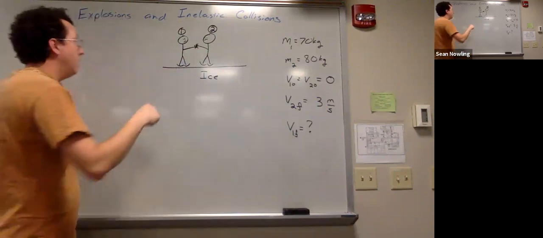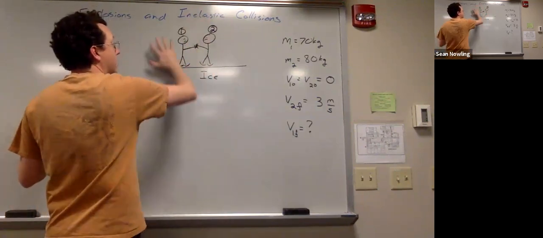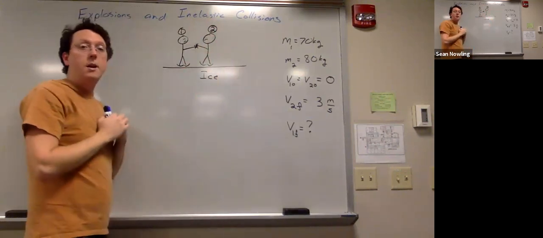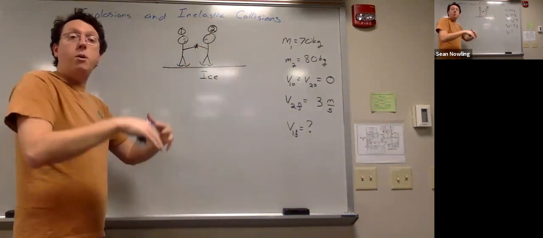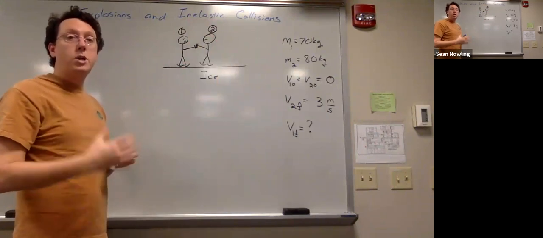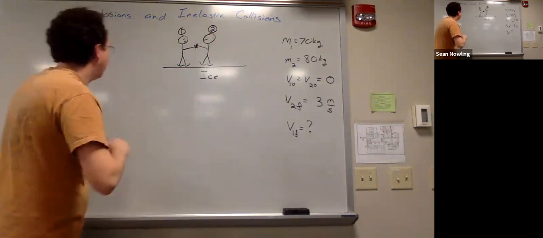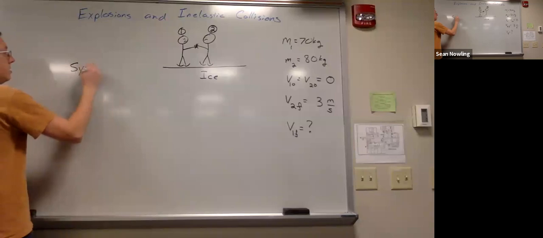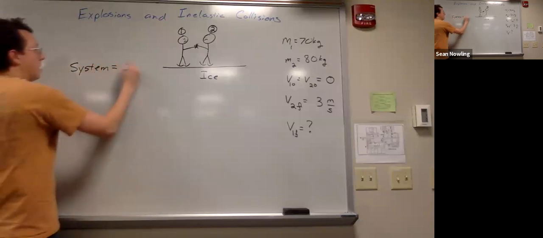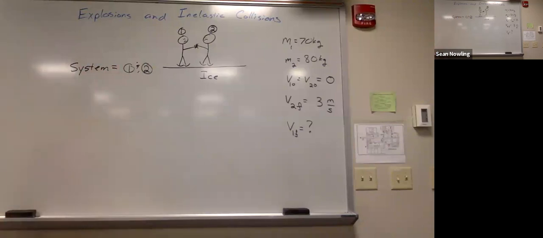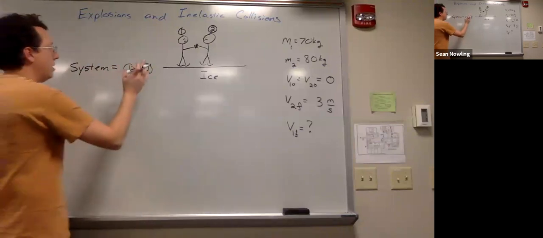So if I make 1 and 2 my system, I see that there are no outside forces. That means there is no impulse coming from the outside world. That means J equals 0. So I'm going to make my system be 1 and 2. It's a little unusual, 2 different objects, but I'm going to make the whole system be both of them.